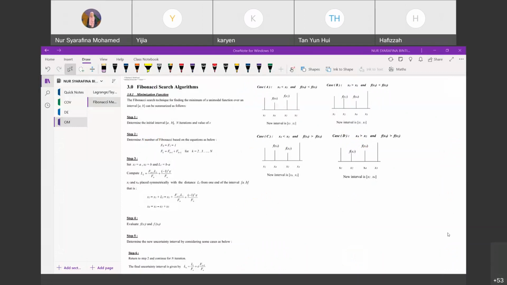Can you see the screen? Is it clear for you, or is it too small?